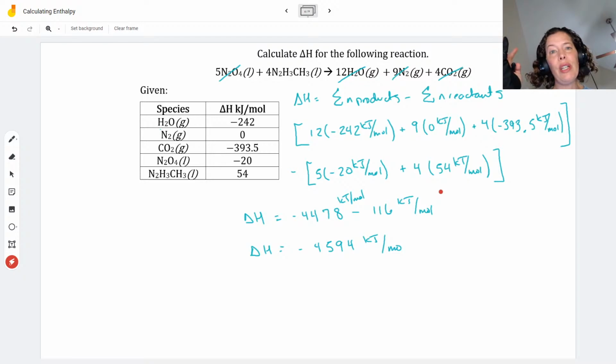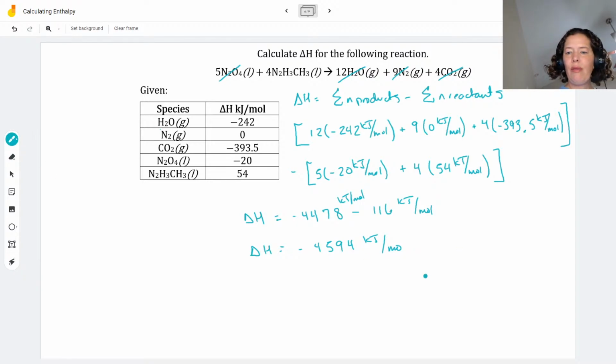So just always make sure that not only are you aware of your units, but you are writing your units down so you can make sure you don't have a mismatch. Okay, so this is our delta H for this reaction. Oh, just because that's going to bother me, I want to cross that out. Okay. All right, great. No changes.